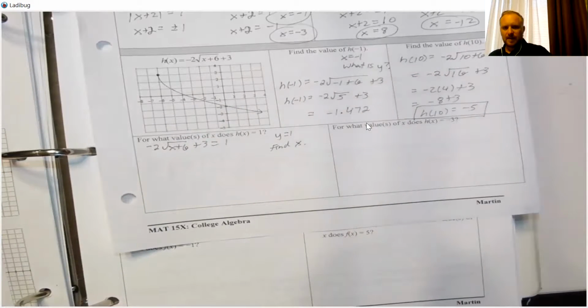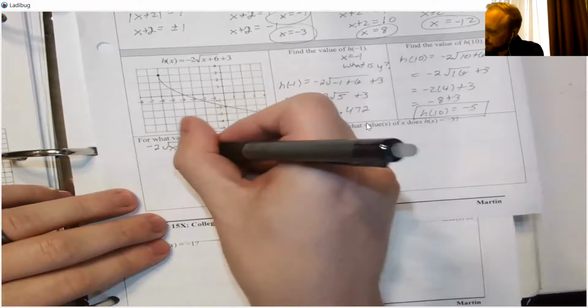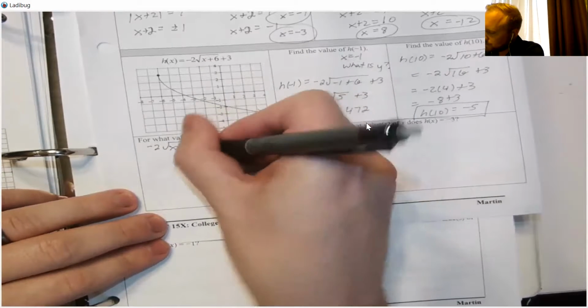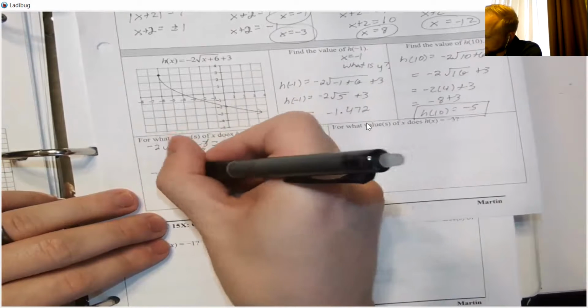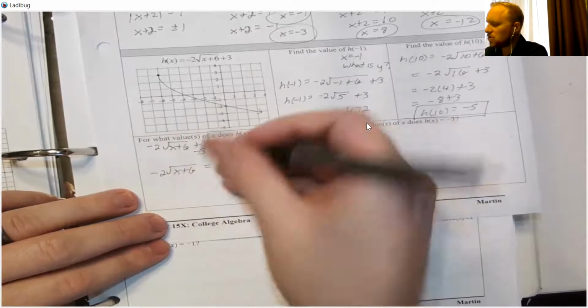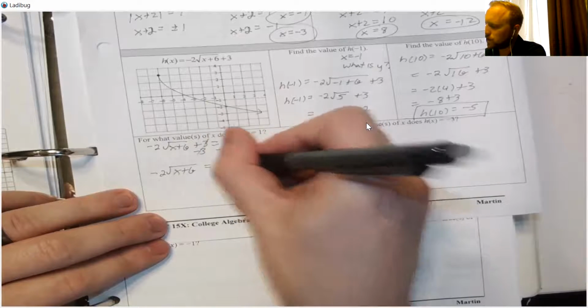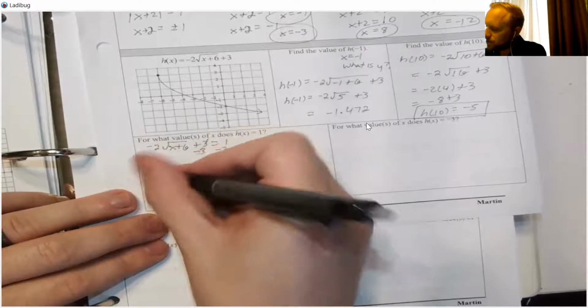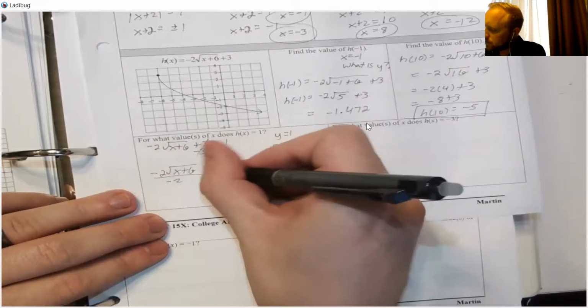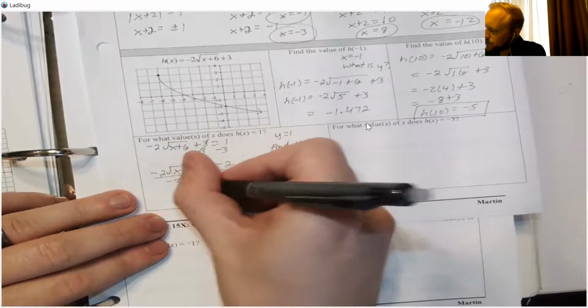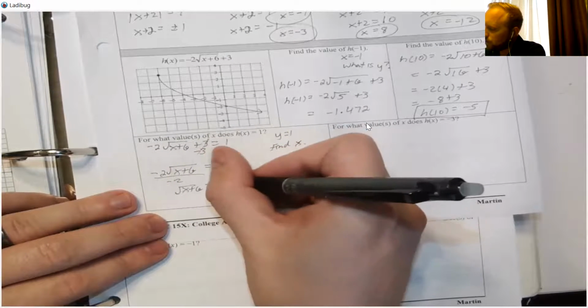Okay, now I'm going to subtract 3 to both sides. So 1 minus 3 is negative 2. Then I'm going to get rid of that negative 2 that's being multiplied by dividing by negative 2. So I have the square root of x plus 6 is equal to positive 1.